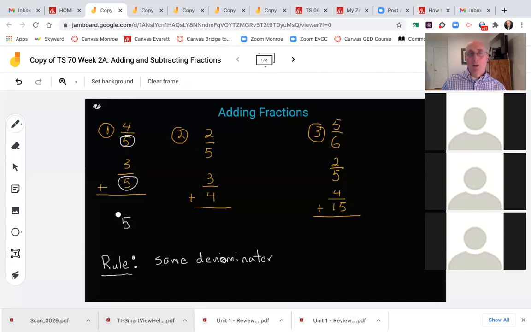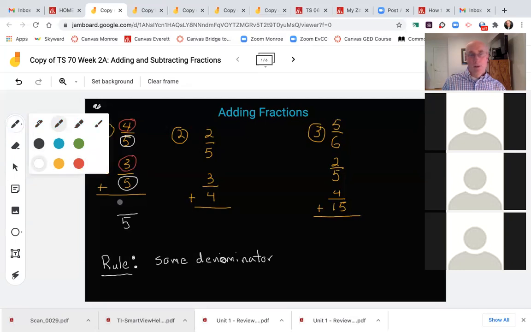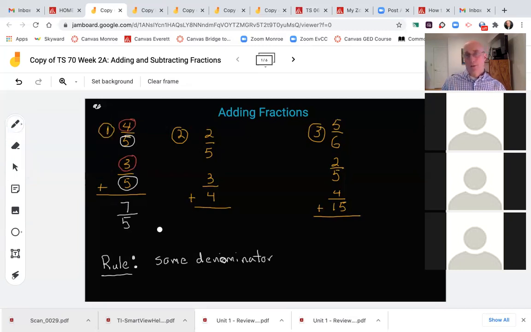I'm going to bring down that denominator, and I'm going to add my numerators. If I circle my numerators with, let's say, red here, here are my numerators. I add those up, and I get a 7 here, okay? So what I have here is 7 over 5.